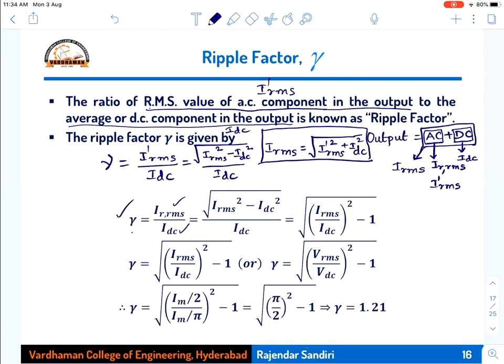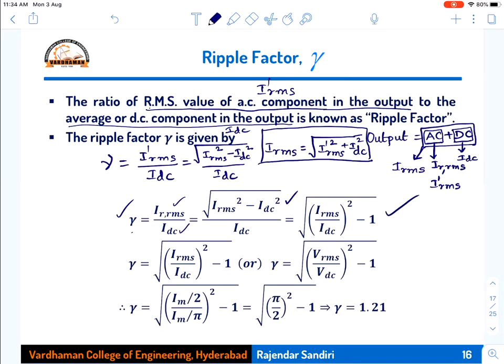That is under root of IRMS square minus IDC square by IDC. If you apply the root and square to the denominator also and take it inside, then the overall root will become IRMS by IDC whole square minus 1. This is IDC by IDC, both will become 1. So this is the formula.